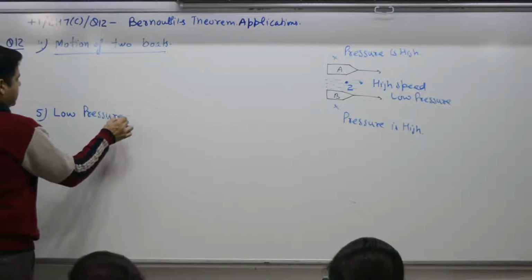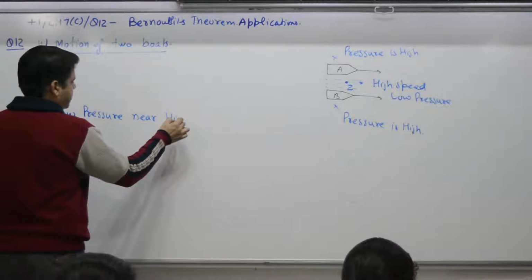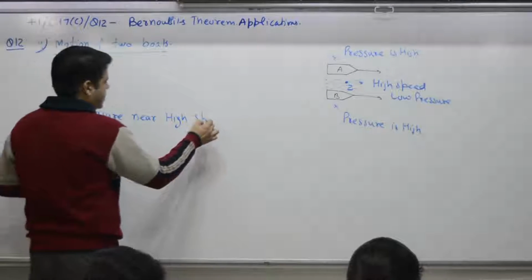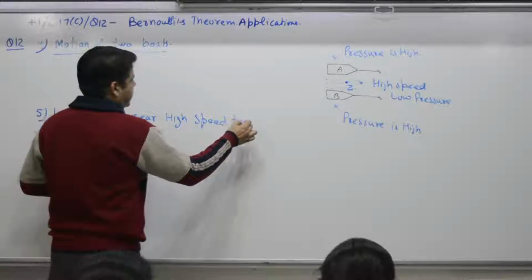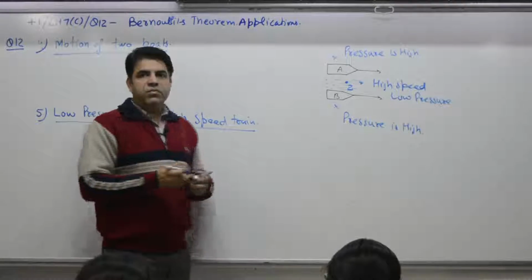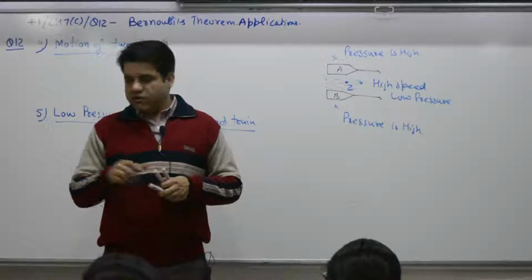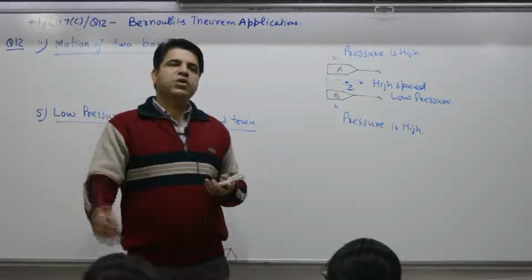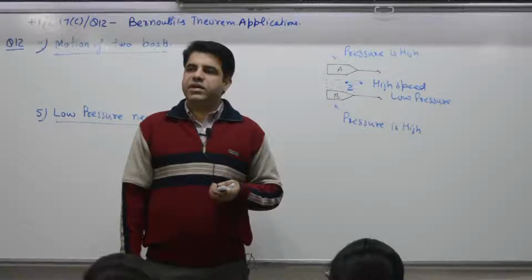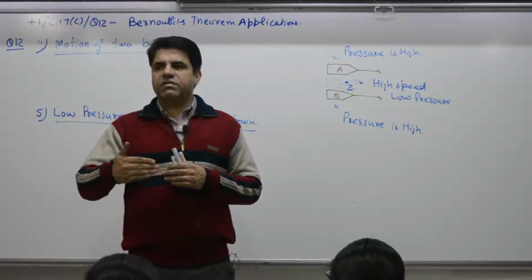Low pressure near a high speed train. On a railway platform, why is there a yellow line drawn and why are you advised not to move beyond that? Suppose you are standing here and you are very close to the railway track.